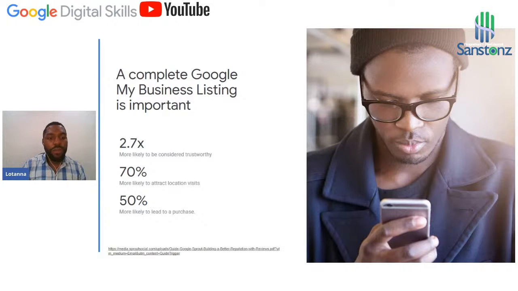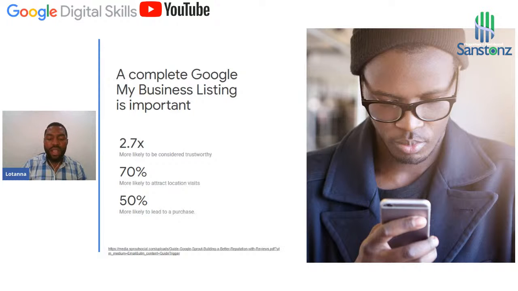A complete Google My Business listing is important because it makes you 2.7 times more likely to be considered trustworthy. Like I told you, before a business can be verified, quality checks must have been conducted. It makes you 70% more likely to attract location visits.